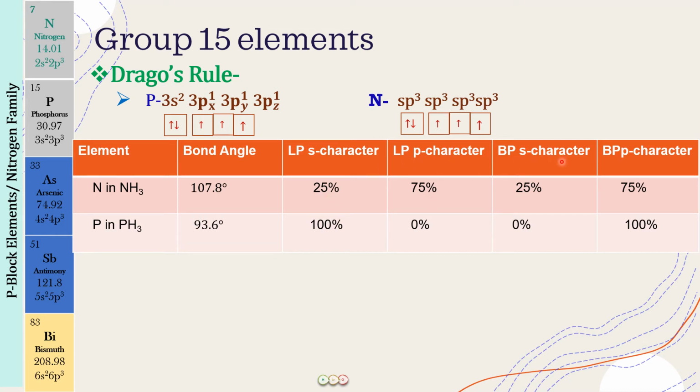Even the bonded pair s character is 25% and the bonded pair p character is 75%. In phosphorus, the lone pair is present 100% in the s orbital. So lone pair s character is 100% and p character is 0%, and all the bonding orbitals have p character only. So bond pair s character is 0% and bond pair p character is 100%.